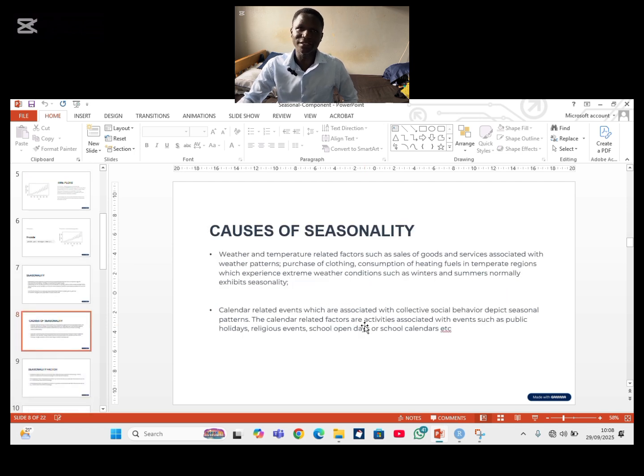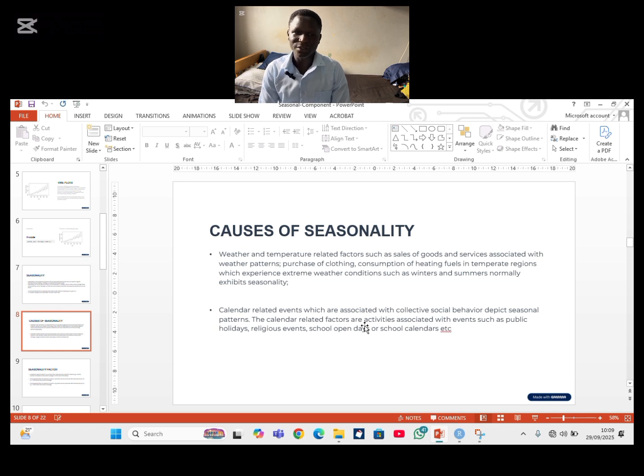Now, the question is, what causes seasonality? Seasonality is caused by majorly two factors. It could be weather and temperatures. And weather and temperatures usually affect a number of factors. Let us go back to sales. For example, people selling umbrellas.